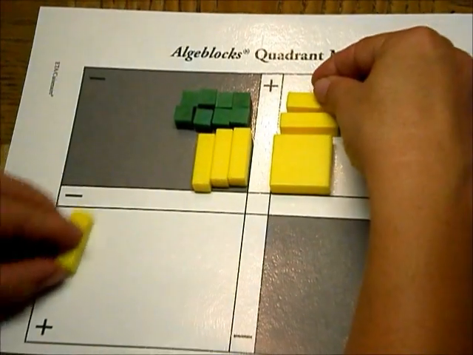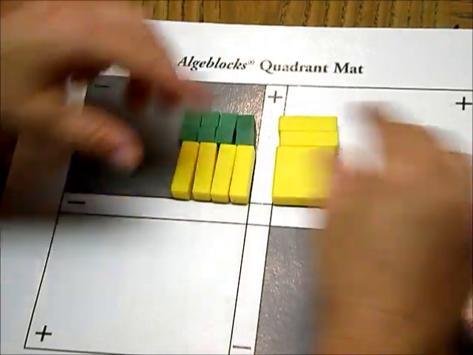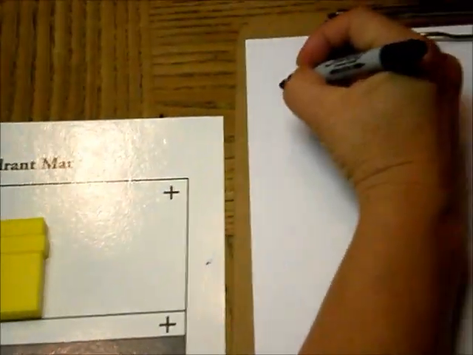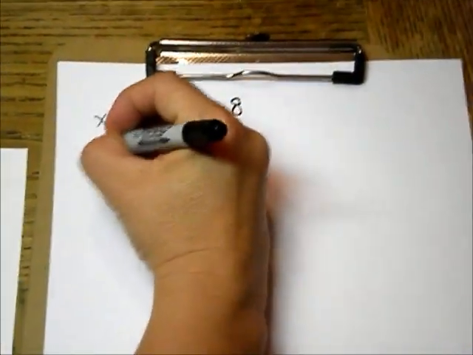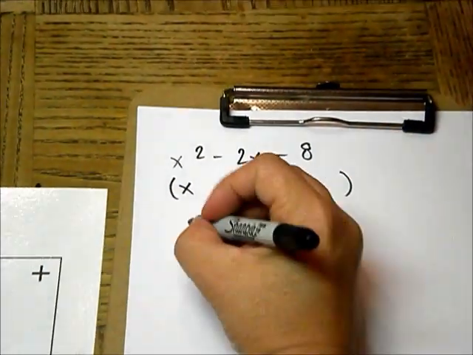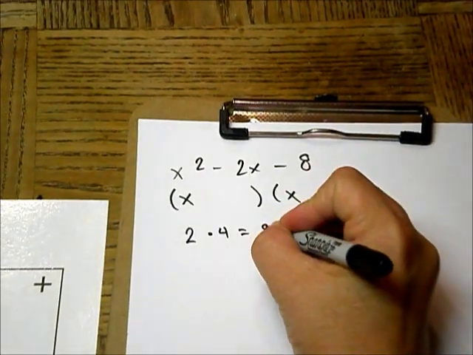We can complete the rectangle, and the factors are x plus 2 and x minus 4. Looking at the expression x squared minus 2x minus 8, we need the factors of 8, which subtract to equal negative 2. Subtract because the 8 is negative, and this also means that one parenthesis will be negative.